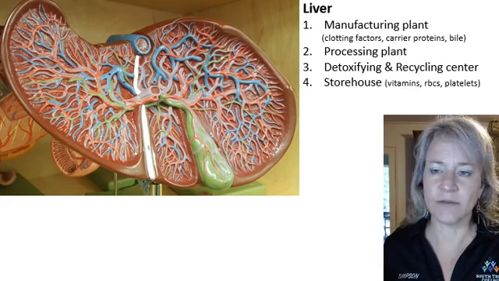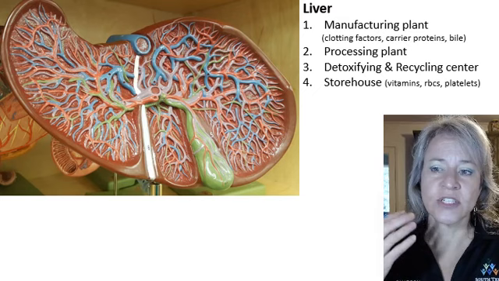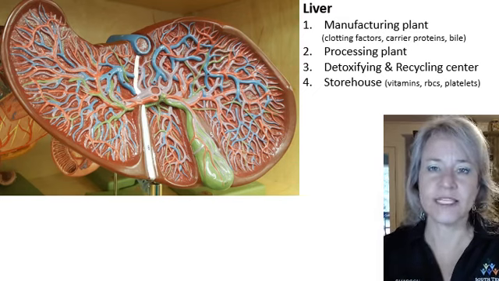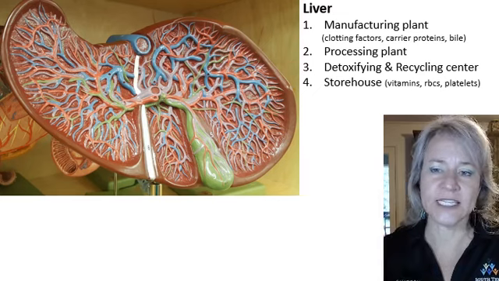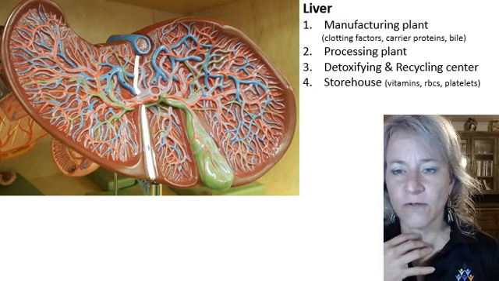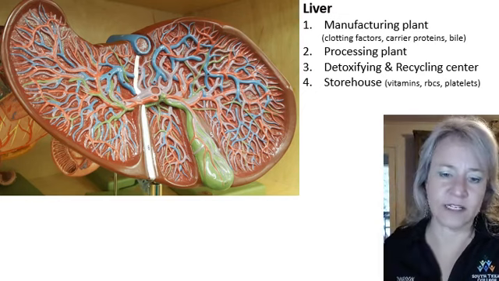And another job of the liver is that it is a storehouse. It stores vitamins, it stores red blood cells, it stores platelets. So the liver has these 4 vital functions, super important, and you cannot live without the liver.